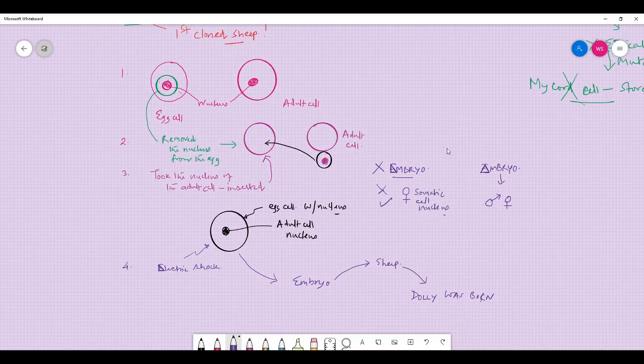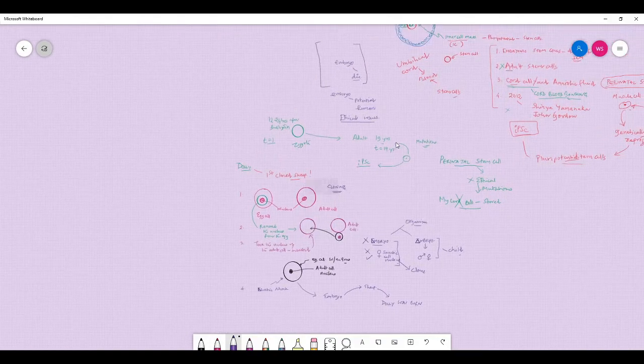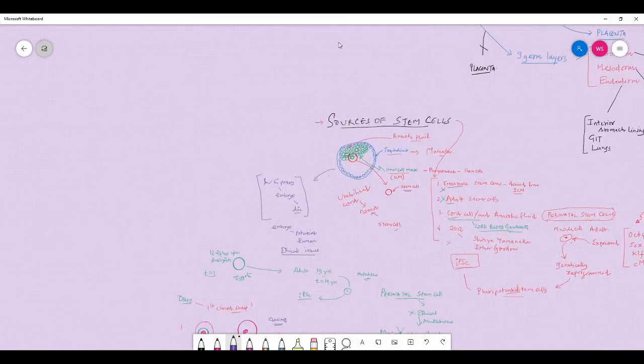But both of these can produce an organism. In this case we call it a child. When we do this, we call it a clone. So this is the step of cloning. So cloning can also be a source of stem cells. Again, the issue is ethical.